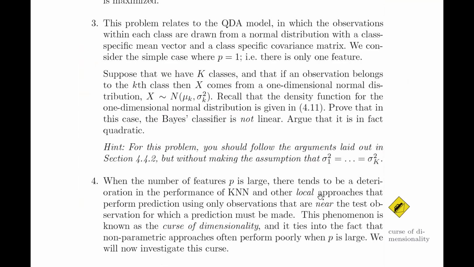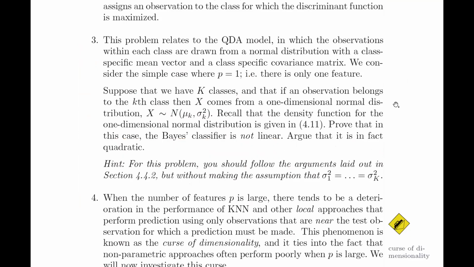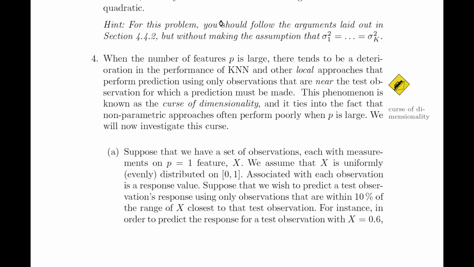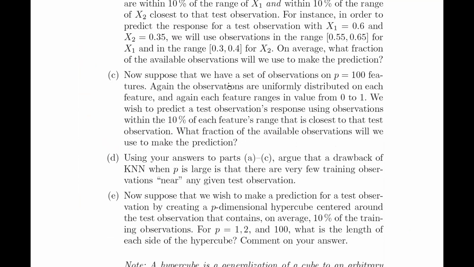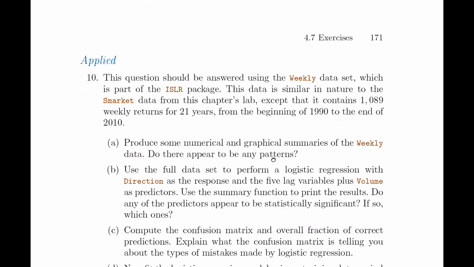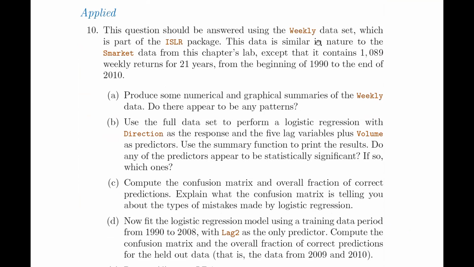I mean, in the exercises, they'll probably tell us to use a different data set. So the weekly data set. This data is similar in nature to the market data, except it contains 1089 weekly returns for 21 years.